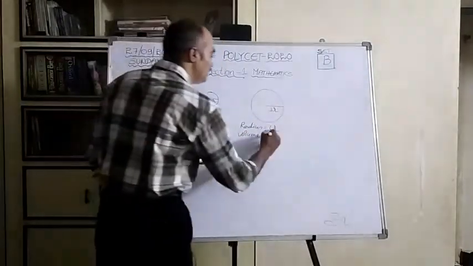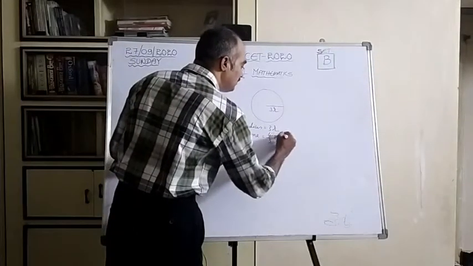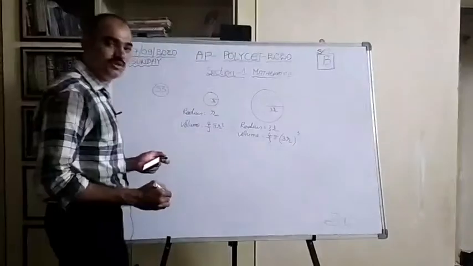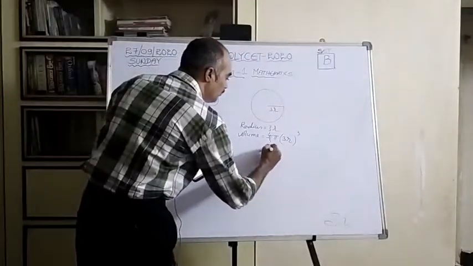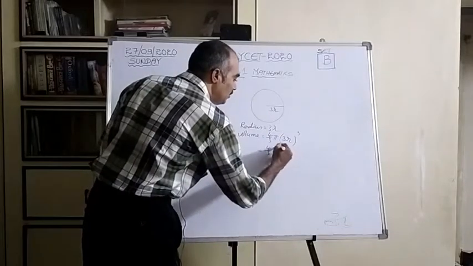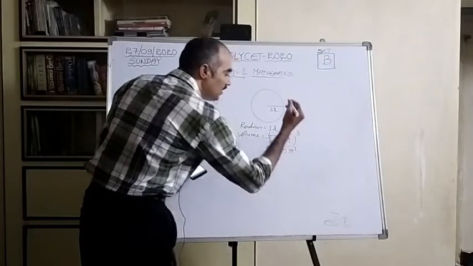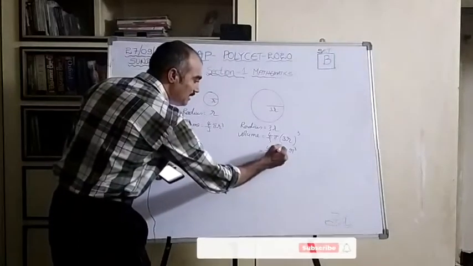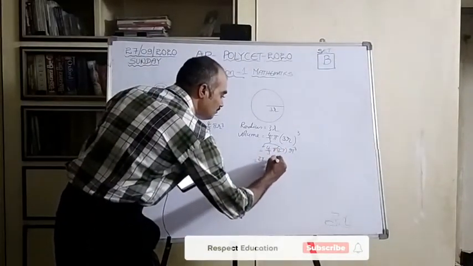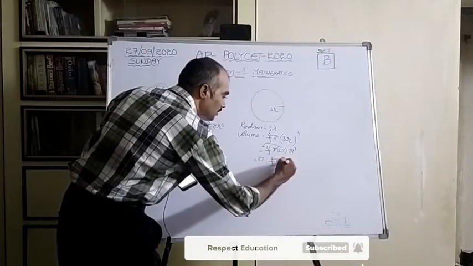New volume is 4 by 3 pi times r cube. Here r is 3r, so let us write 3r whole cube. Now here this is 4 by 3 pi, 3 cube is 27 into r cube. Now simple, just I am bringing this 27 forward, it will become 27 times 4 by 3 pi r cube, right?